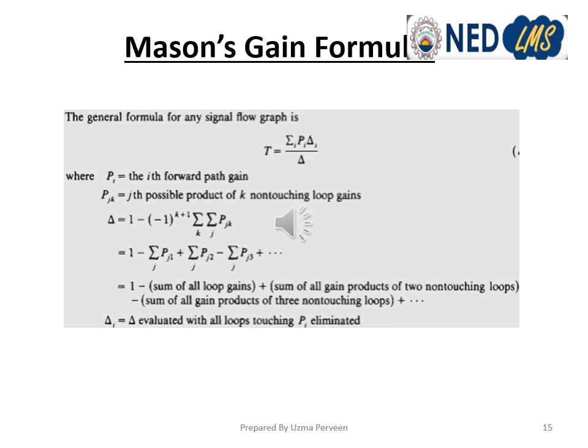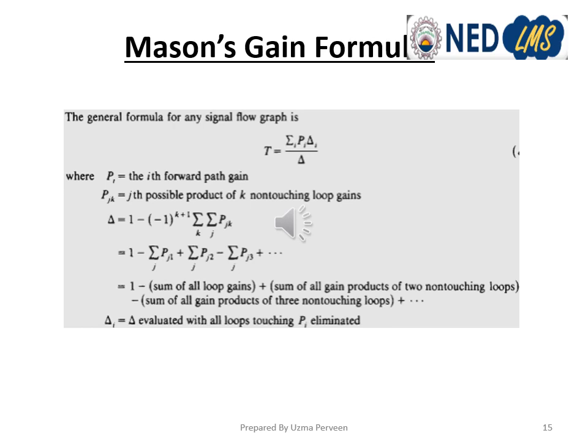So the formula is actually Pi del i upon del. Our steps will be: first we calculate the number of forward paths, then the number of single loops, then the pairs of two non-touching loops, then the combinations of three non-touching loops and so on, all the combinations of the different types of loops present in the signal flow graph.